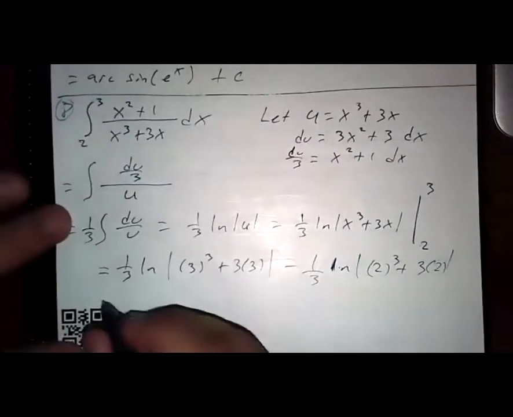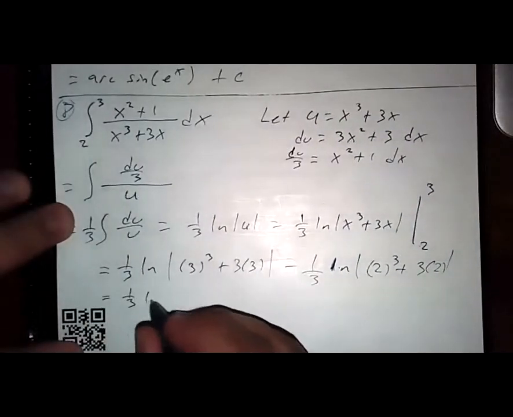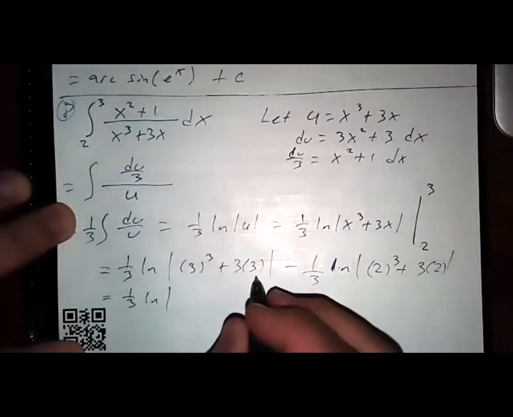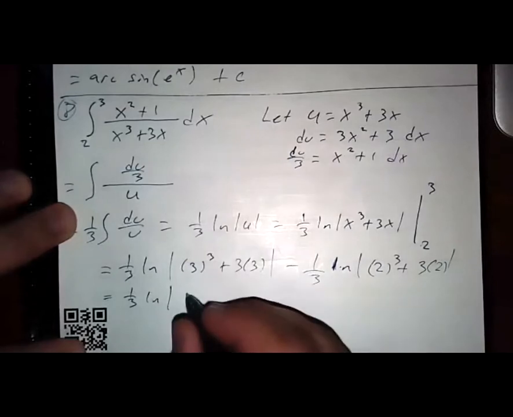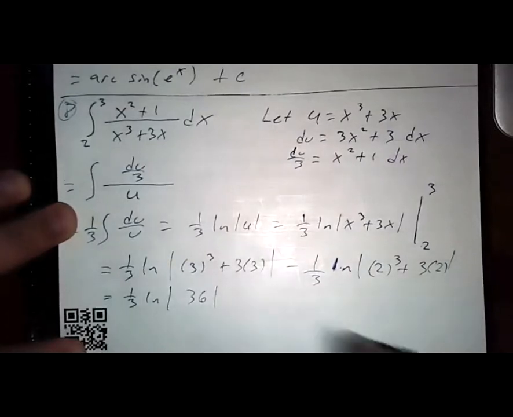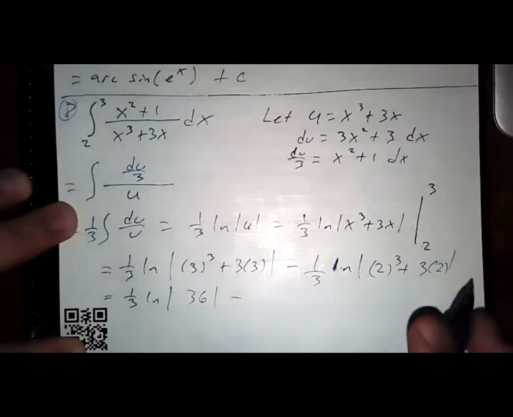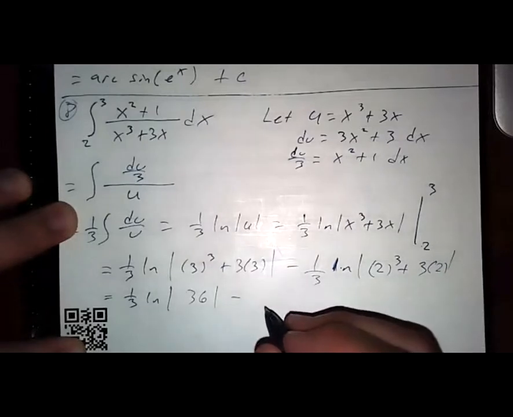Okay, so that will be 1/3 ln, 3 cubed is 27 plus 9, 36, minus 2 cubed, that's 8 plus 2 times 2, plus 6, 14.